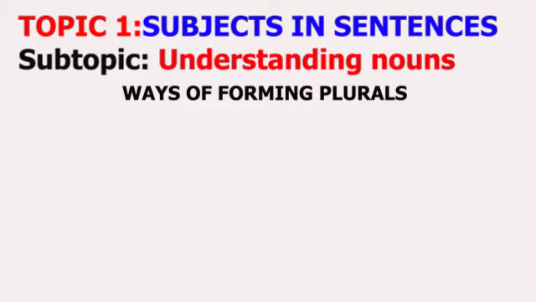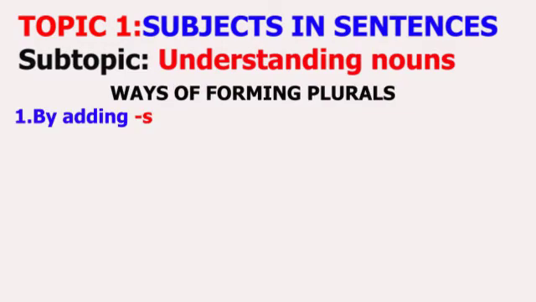How do these nouns change from singular form to plural form? How are plurals formed in the English language? We have a very common way of forming the plural of countable nouns, and this is just by adding an s to a singular word. You are just adding an s to change a noun from singular form to plural form.